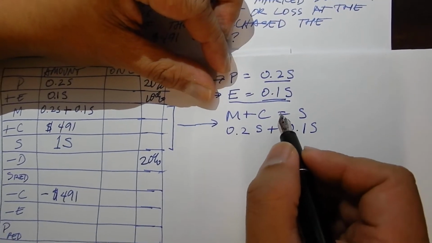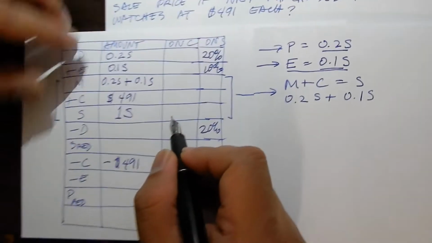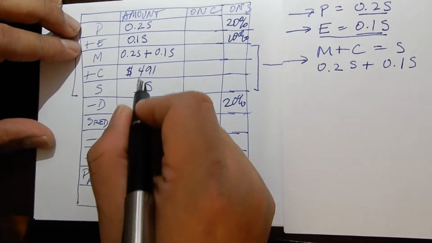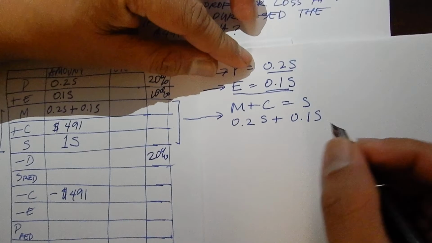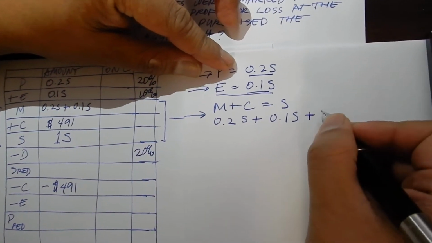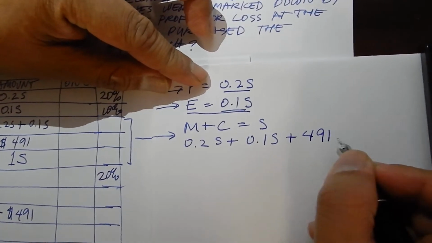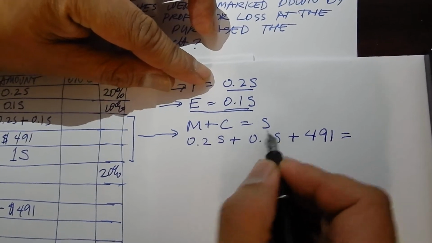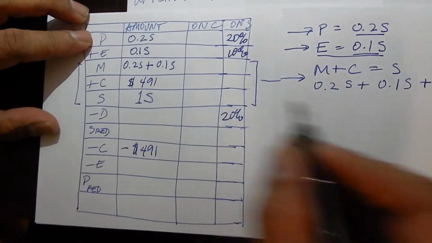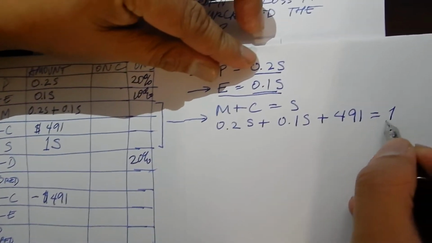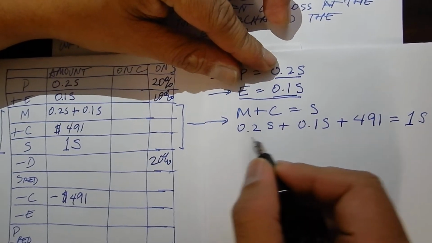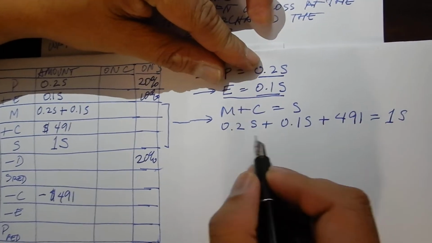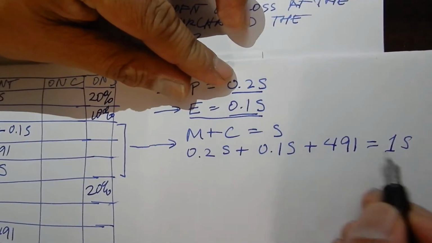I know what the C is, $491. So I simply add that, plus 491 equals S. And S, look at the box, it's 1S.